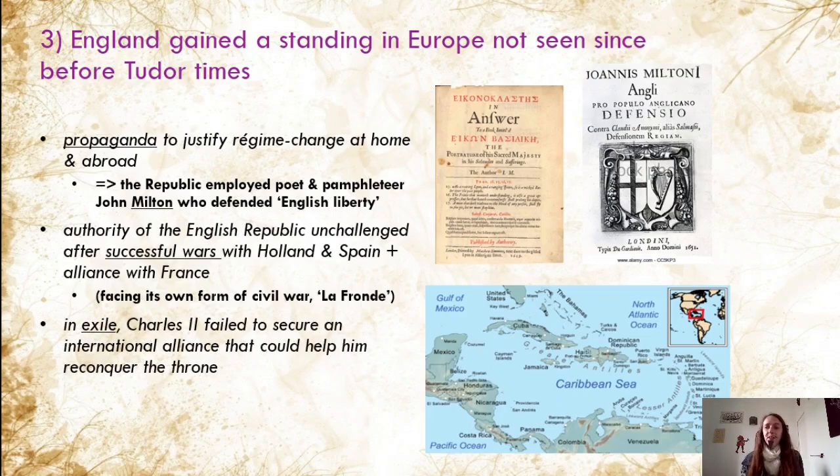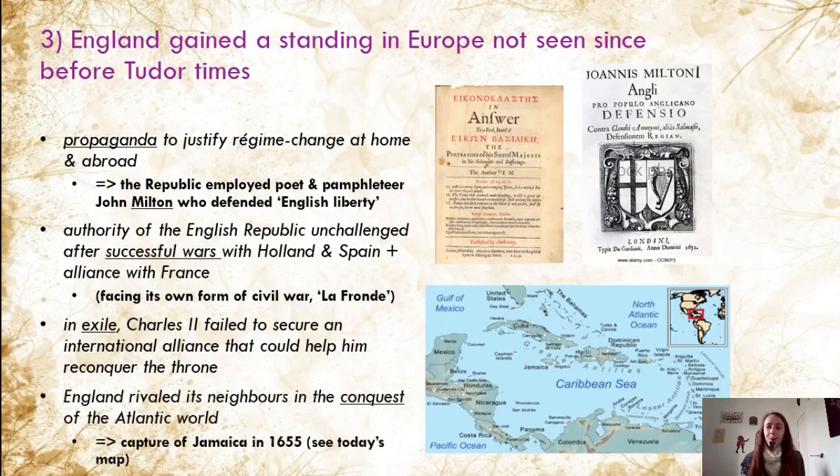In exile, Charles II failed to secure an international alliance that could help him reconquer the throne. And England rivaled its neighbours in the conquest of the Atlantic world with the capture of Jamaica in 1655. So you can see that on today's map.